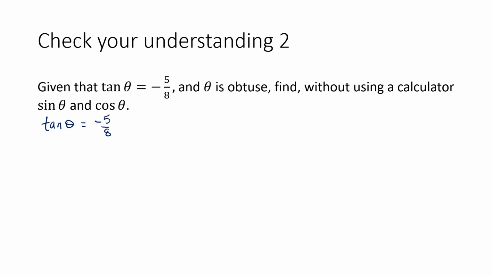Now remember, this negative sign only gives us an indication as to which quadrant we are looking at. They also told us that theta is obtuse. Obtuse angles lie between 90 and 180, so that means that theta lies in the second quadrant, because the second quadrant goes from 90 degrees to 180 degrees, or we could say from pi on 2 to pi in radians.